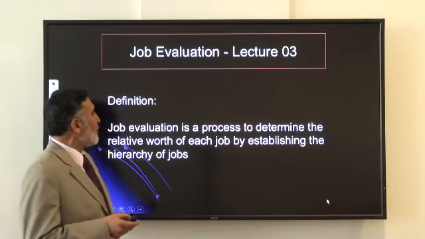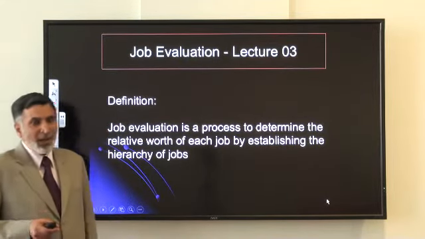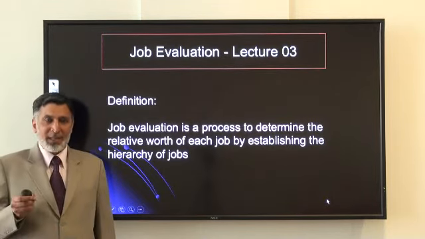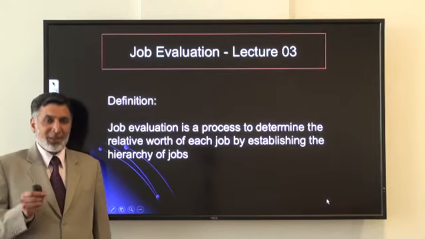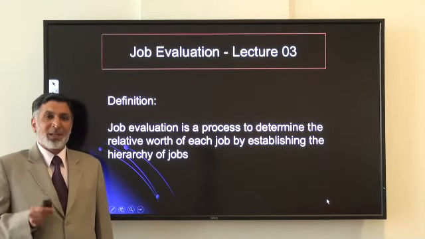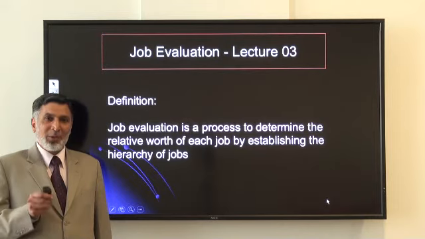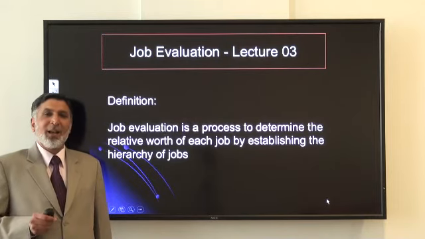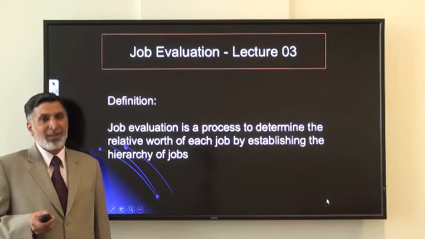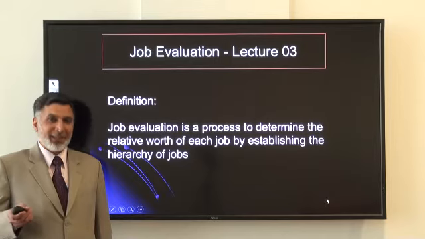First, before we move on to the definition of job evaluation, I would like to emphasize the definition of evaluation. Evaluation is a judgment about how good, useful, and successful something is. So evaluation is completely judgment.